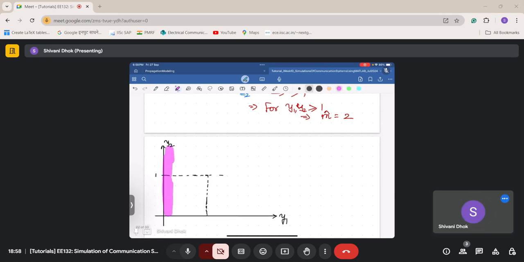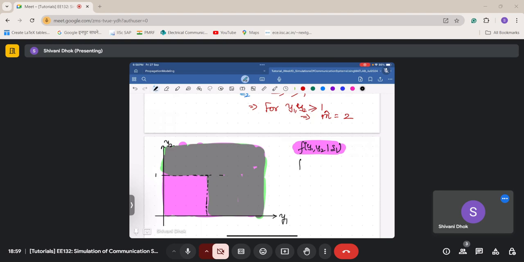This is the region for f of y1 y2 given s1, and then we have this, f of y1 y2 given s2.